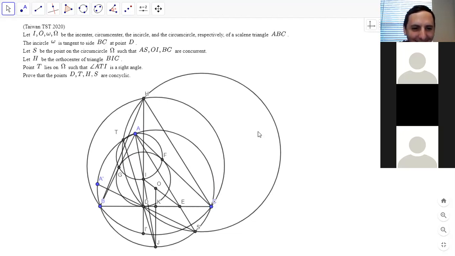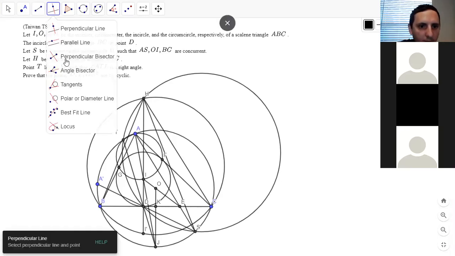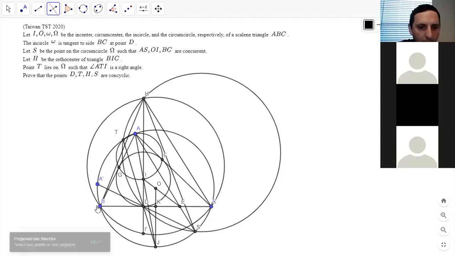Whoops. Does HS cut AC at the midpoint? Let's see. Looks like it might. Yes.